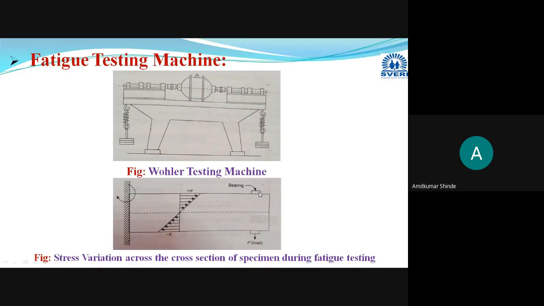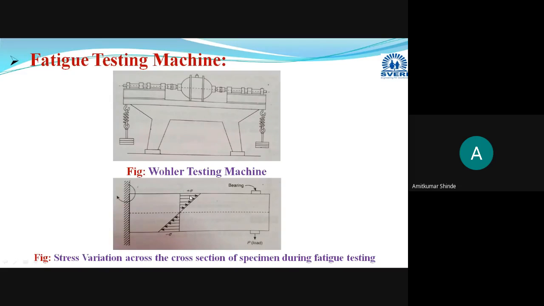From this side we are applying the load, and from the other end we are rotating the component. Then what will happen here? The upper surface of the specimen, you can clearly see it from this diagram, is under tension.